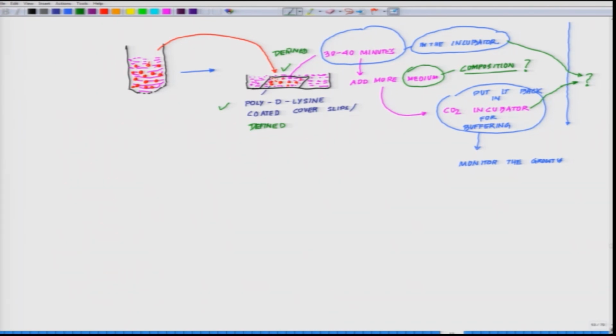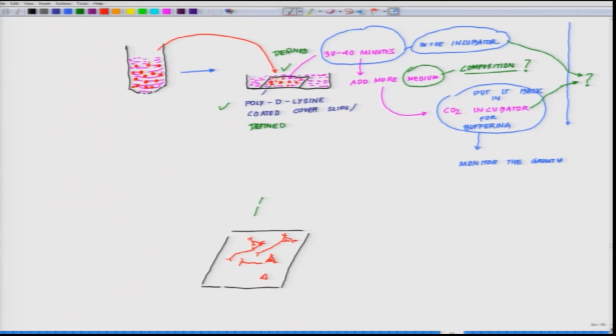Now, once you have plated the cells and you monitor them under the microscope, this is what you are going to see. These single cell suspension, these cells will regenerate and they will form a random network depending on how close or how far apart you are plating them.